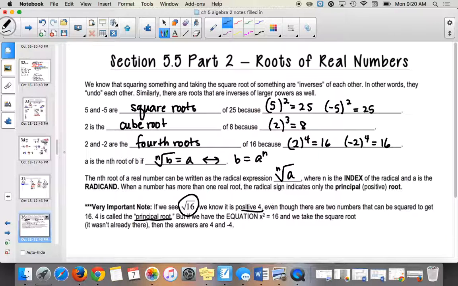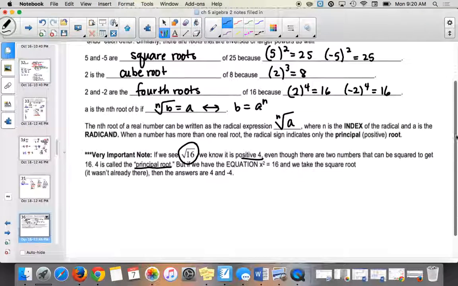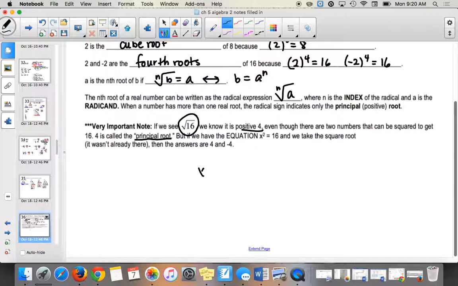Okay, but if we have an equation like x squared equals 16, if I'm trying to solve that equation, I take the square root of both sides, and whenever you take the square root, you always put signs. So you put plus or minus. So you get x equals plus or minus 4, okay? So we could have various equations.